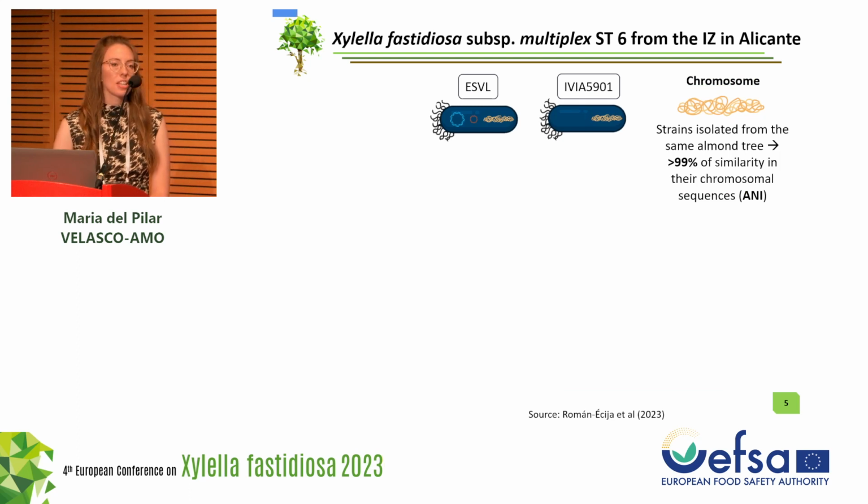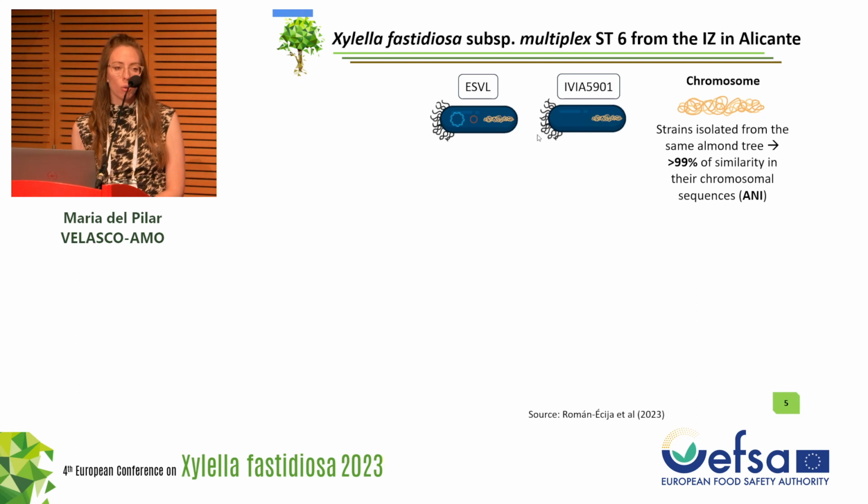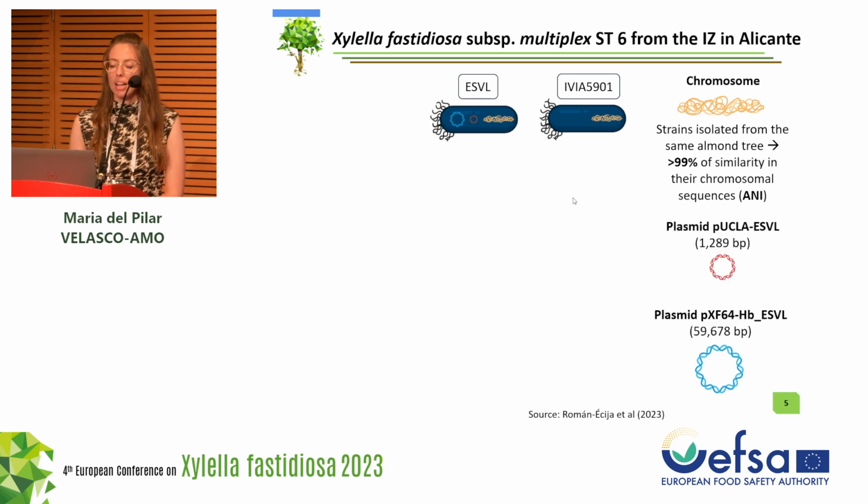In a recent study of our lab, we carried out genome analysis of these 2 strains, the ESVL and the EVA 5901, that were isolated both from almond trees, and they shared 99% of their chromosomal sequence, but they differed in the plasmid content.